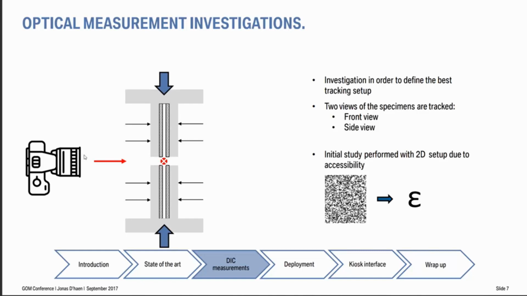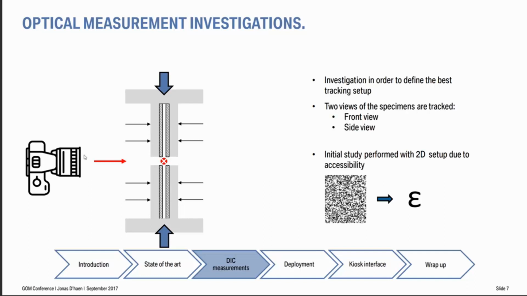For this feasibility study, a 2D setup with a single camera was selected. First of all, this was a bit easier to achieve for the engineers. As I said, they were worried about the optical accessibility, but also the 2D DIC software, the size and spec correlate for 2D, is free, so this is also a very low problem to jump over.